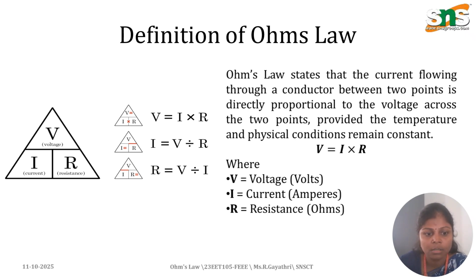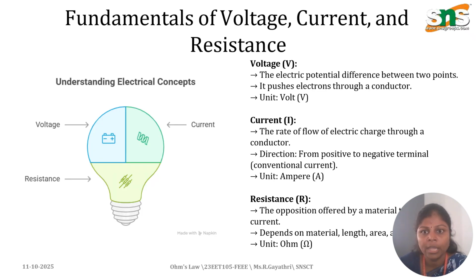Coming to the fundamentals of voltage, current and resistance: voltage is the potential difference between 2 points, and it pushes the flow of electrons from one direction to another in the conductor or material.